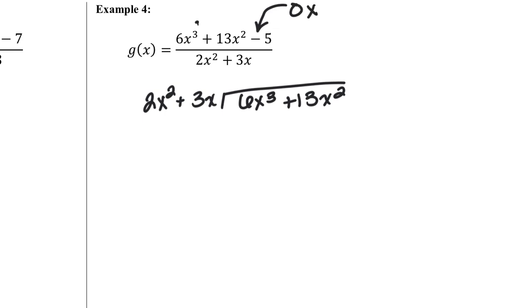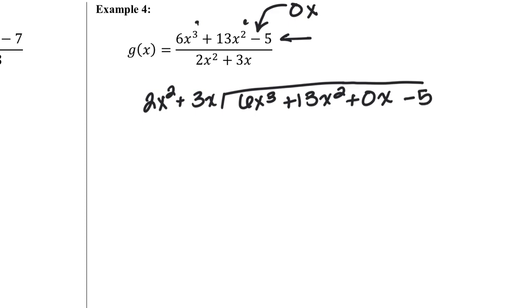It goes 3, 2, and then constant. So the x value is missing. This is one where you would fill in your missing term with a 0. So I would say, there's some cubes, squares, linears. Fill in those missing pieces, followed by a negative 5.